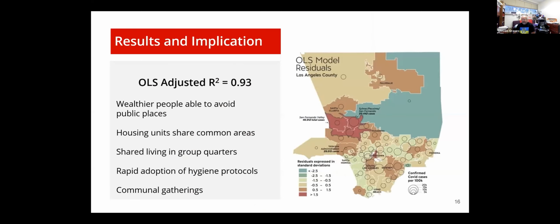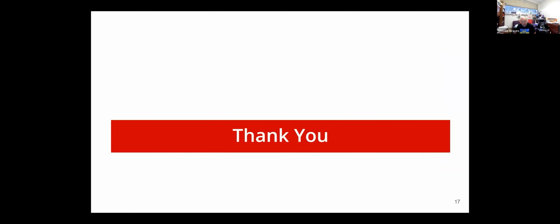So what we speculated is that one of the last variables that we should have included in the model, but by this point it had already been published, was air quality. We know that in the eastern San Fernando Valley, air pollution is a problem, and that it's less a problem up in the mountains and the high desert areas and along the coast. So if we could run this again, we would put air pollution in there.